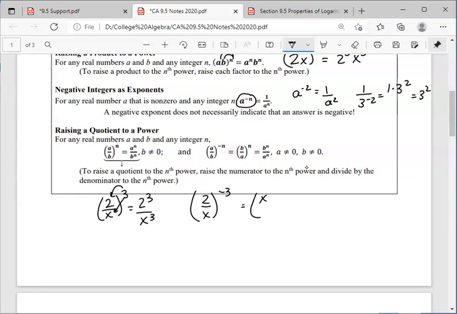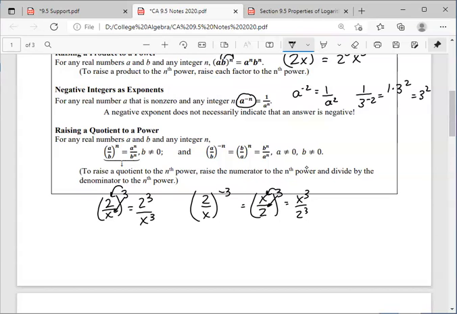So I'm going to make the x go to the top and the 2 go to the bottom, and that's going to change it to just being a 3. I wanted to get rid of that negative part, and switching them from bottom to top got rid of the negative part, but the 3 still has to go with both things. So x to the 3rd over 2 to the 3rd.